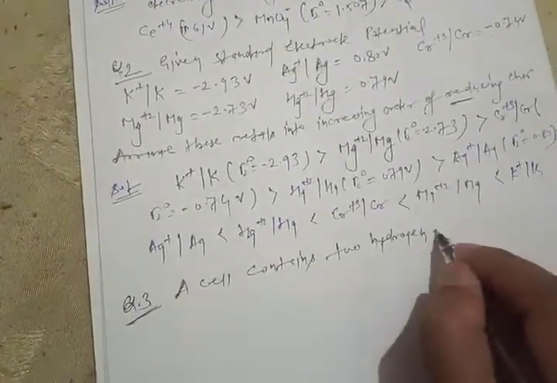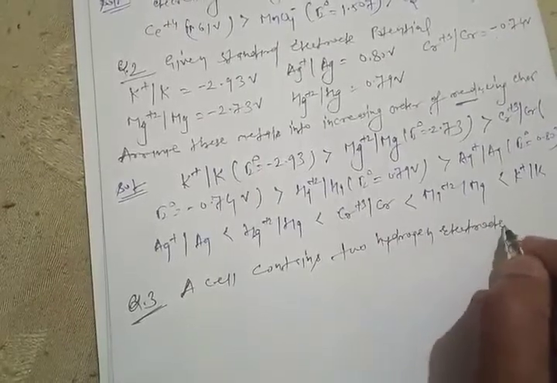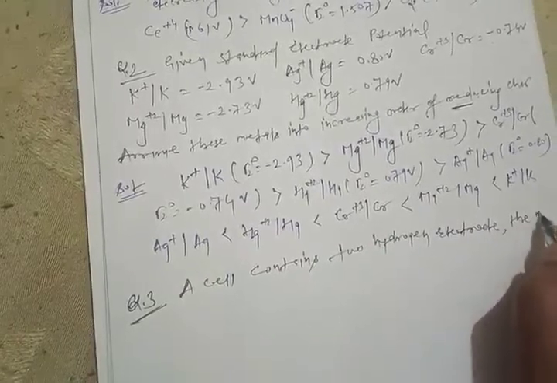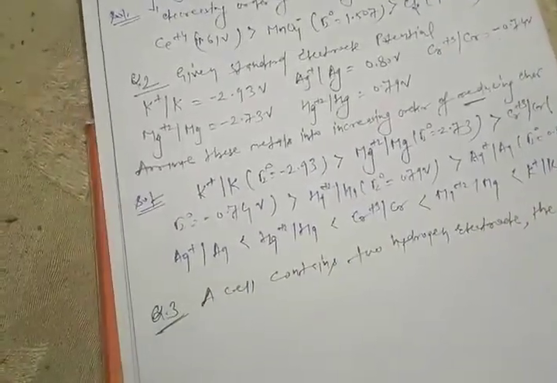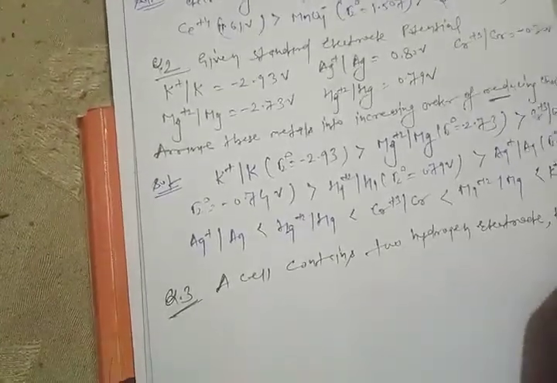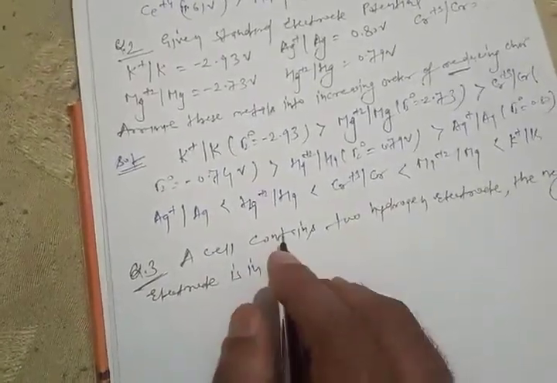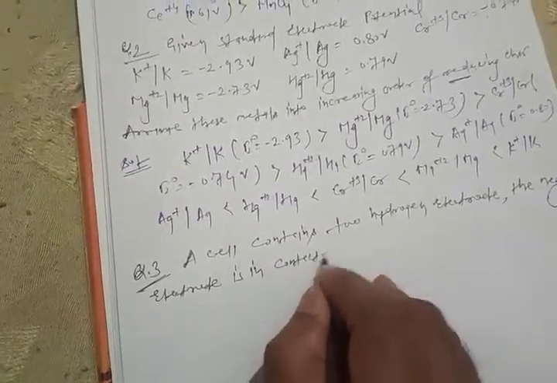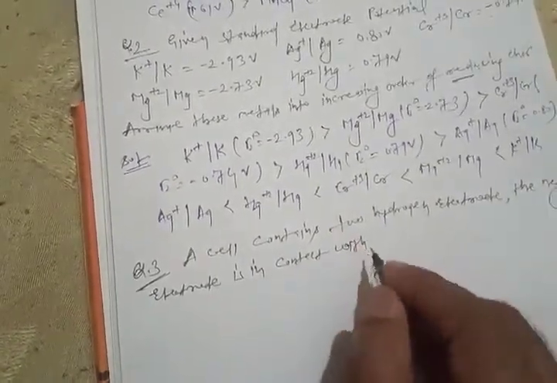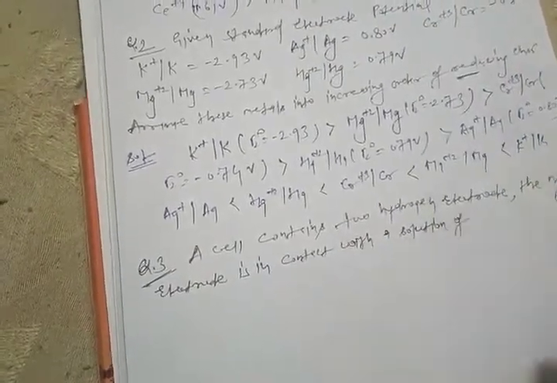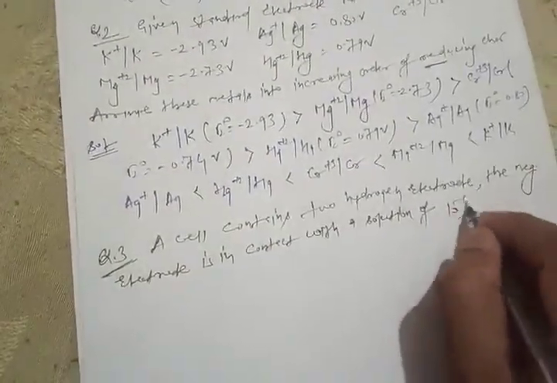Two hydrogen electrodes, and the negative electrode, which means the left hand side electrode, is in contact with a solution of 10 to the power minus 6 molar H ion.